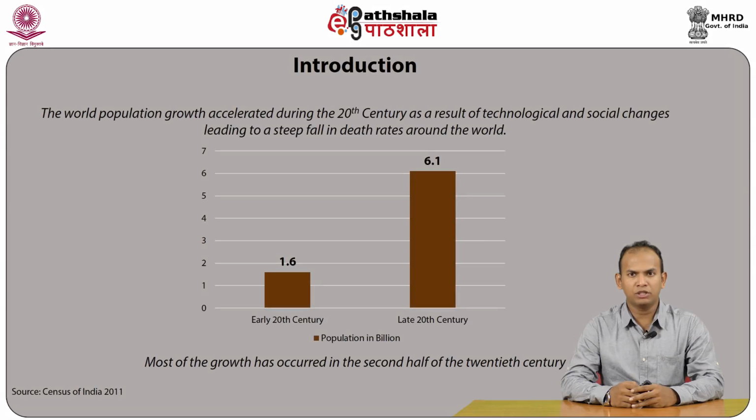The world population growth accelerated during the 20th century as a result of technological and social changes, leading to a steep fall in death rates around the world. The century began with 1.6 billion people and ended with 6.1 billion.